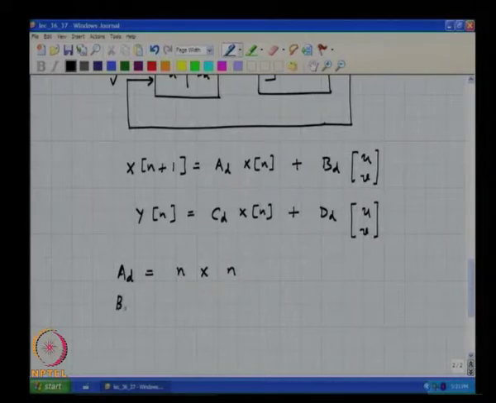BD in our case will be a, what will be the dimensions of BD?